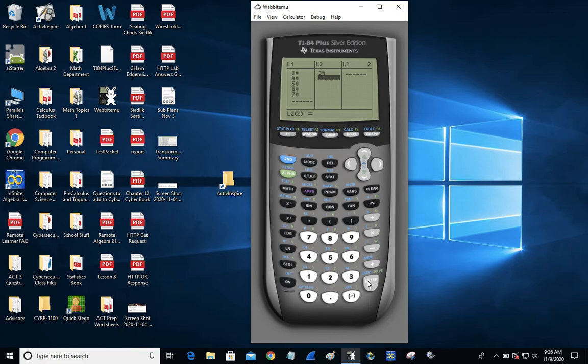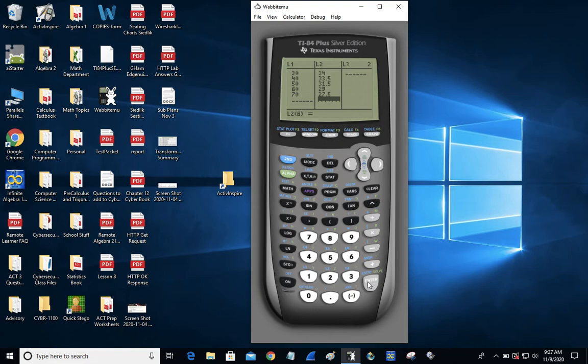Yep. 33. Anybody need a hand typing these in? Got them in there? All right, so we have successfully completed step 2.